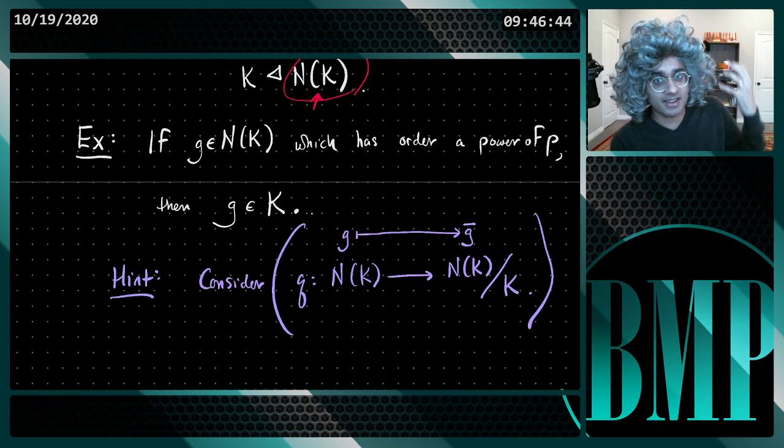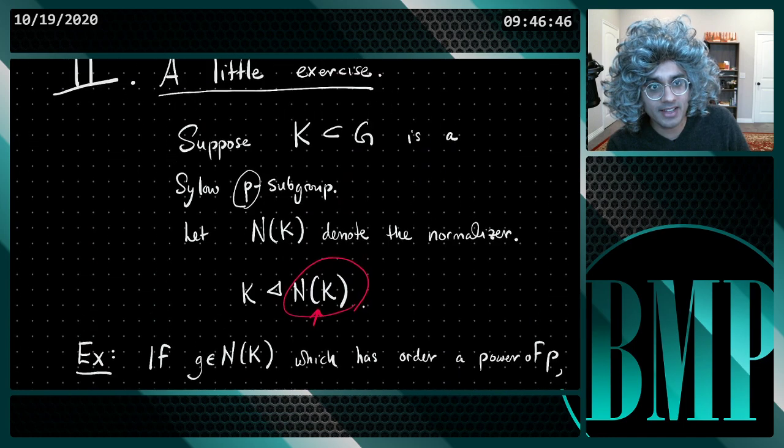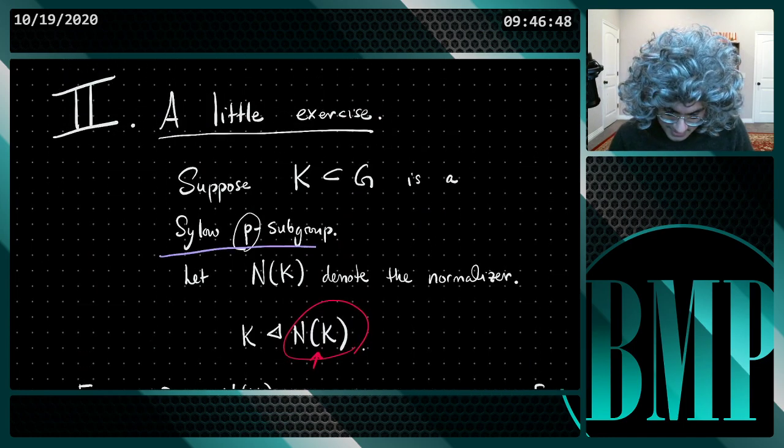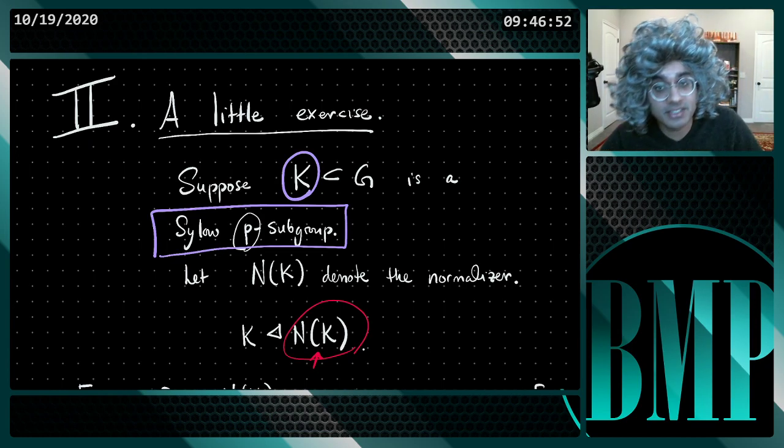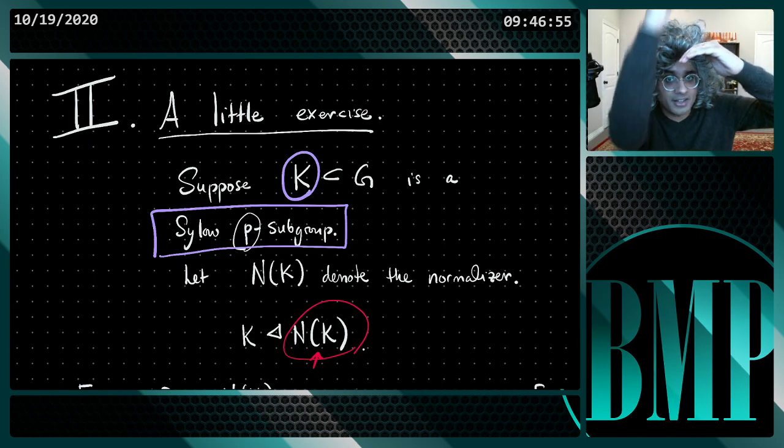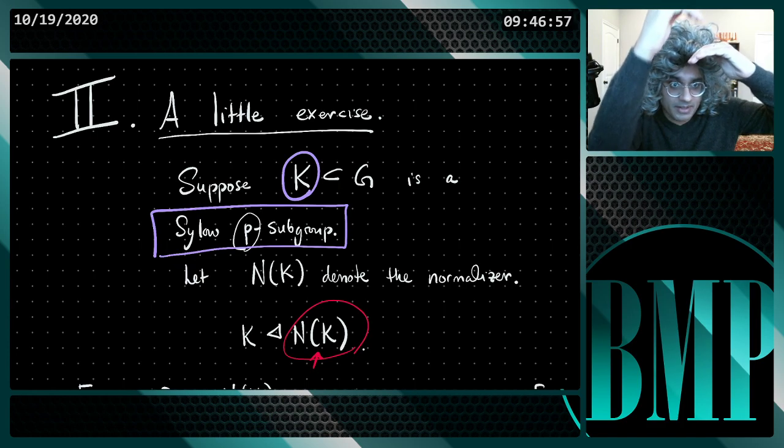Then lift it back and violate the fact that K was a Sylow p subgroup. There is no higher power of the prime.